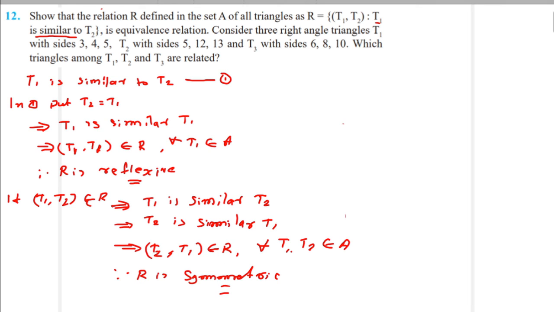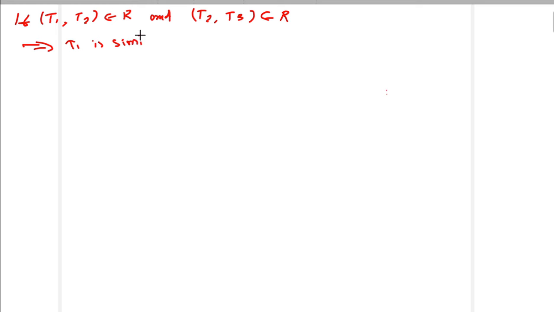Next you can show transitive. For the transitive, if T1, T2 belongs to R and T2, T3 belongs to R, this implies T1 is similar to triangle T2, and T2, T3 belongs to R means T2 is similar to T3.